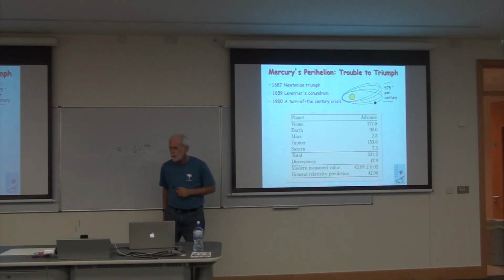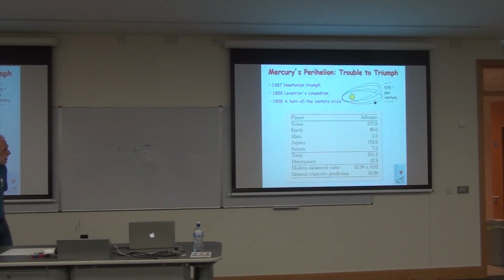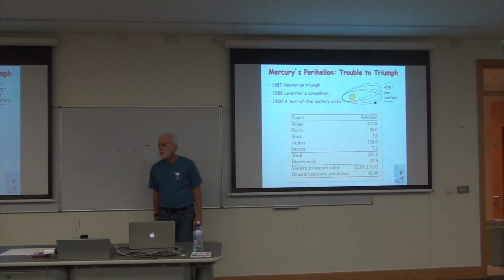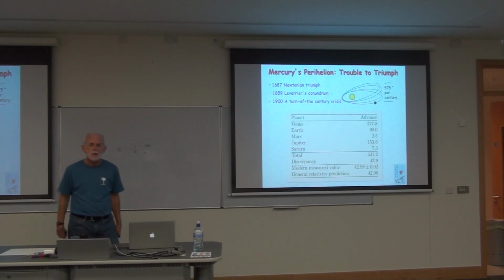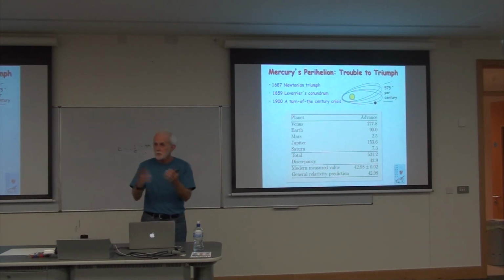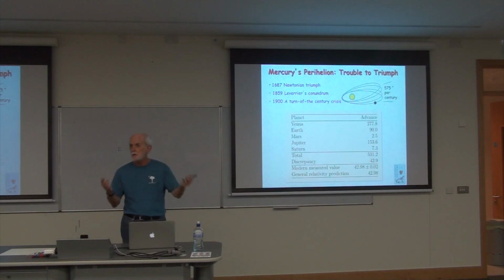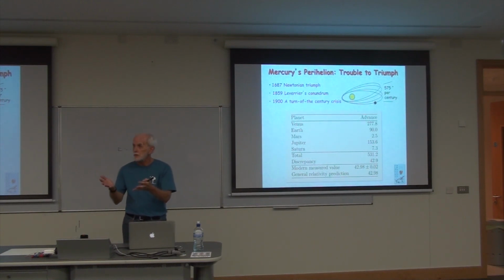Then came Leverrier, who was an astronomer in France, very ambitious. He pointed out that there were certain anomalies in the orbit of Uranus that couldn't be explained by Newtonian theory. People had been observing Uranus's orbit for many, many years, but it didn't quite fit the Newtonian prediction.